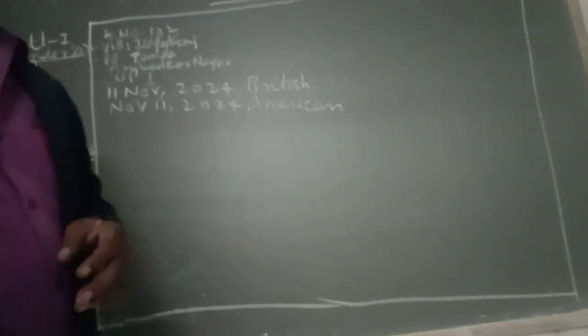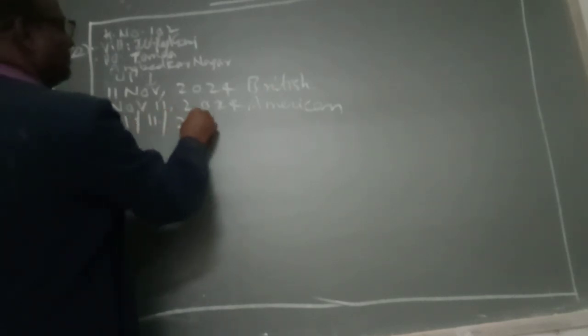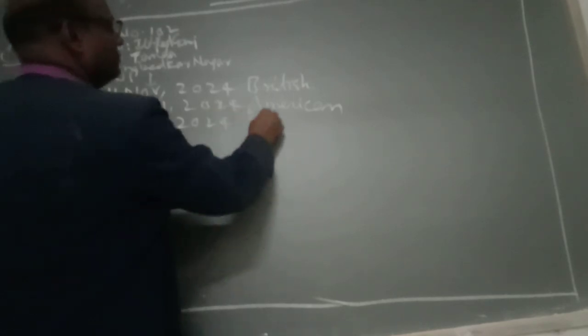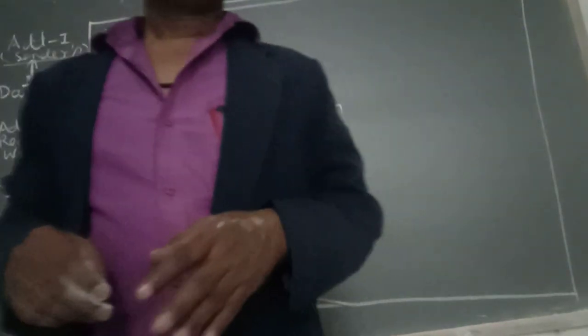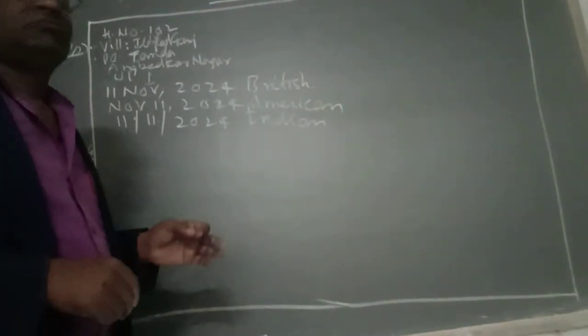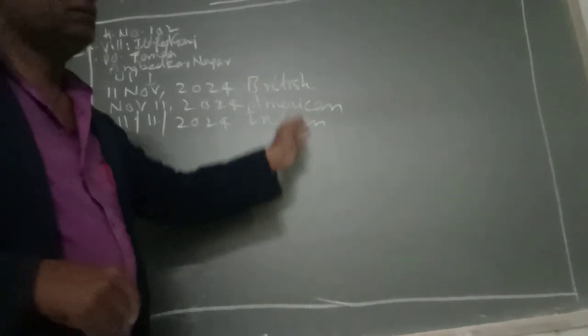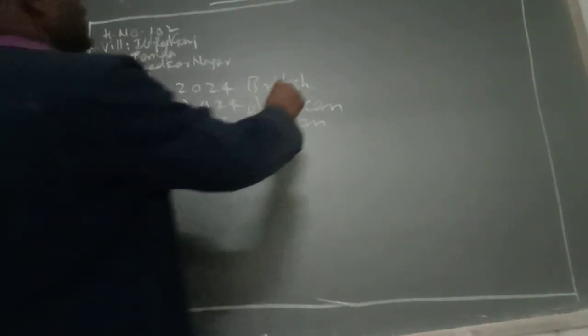And again we have the next. We have Indian, which is like that: 11, 2024. This is Indian. 3 methods are there, but you may use any one you like, but the best is British, number 1.